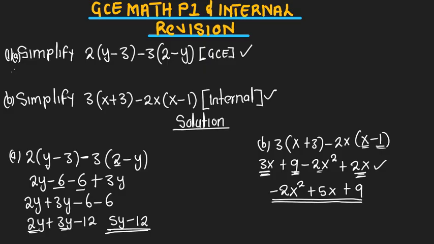This negative 2x to the power 2 has got x power 2. It's not a like term to anything. So you should not assume this one as a like term to this. Assume this one as a different term because it's x to the power 2. So that's how it is.